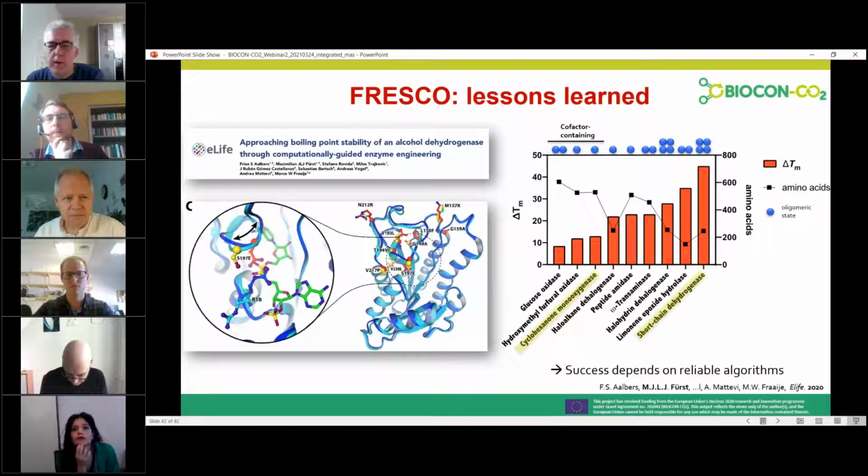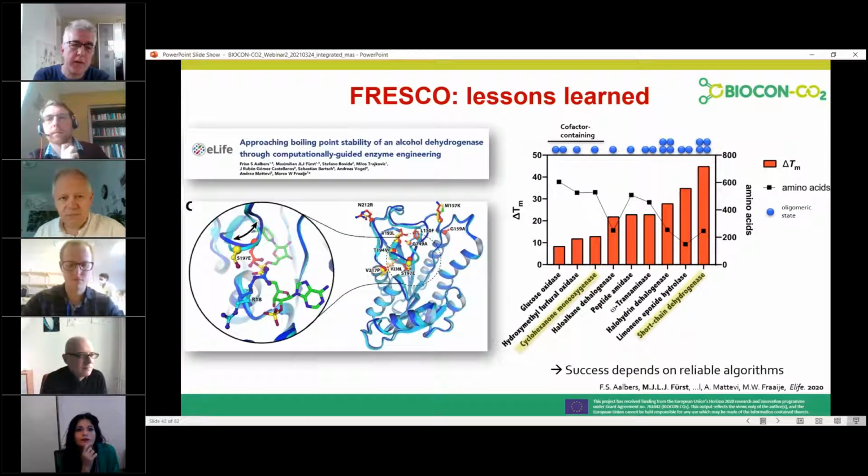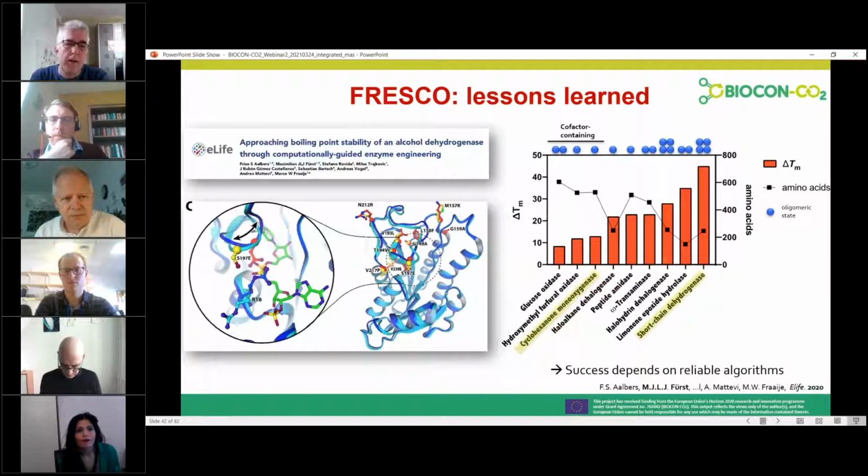I hope with this you get an impression of what is feasible with computational tools, in this case specifically FRESCO, but as I introduced, there are also other methods that can give similar results. The bottom line is that computational tools are improving every year, and I foresee that stability engineering is certainly a doable thing for almost every enzyme in the near future.